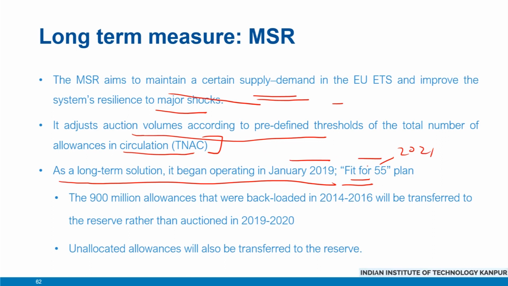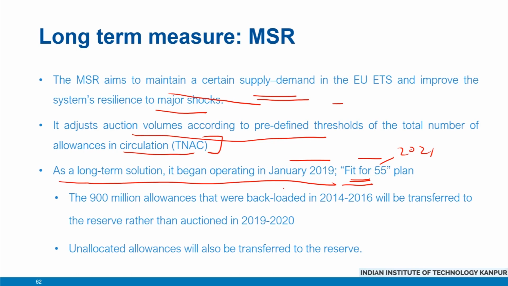Some important revisions were made in 2021, which were called Fit for 55. This Fit for 55 was part of a package of legislative proposals. It was initiated with a view to achieve the climate neutrality objective of the EU by 2050. So the EU wanted to achieve climate neutrality by 2050, including the immediate target of at least 55% net reduction in greenhouse gas emissions by 2030.